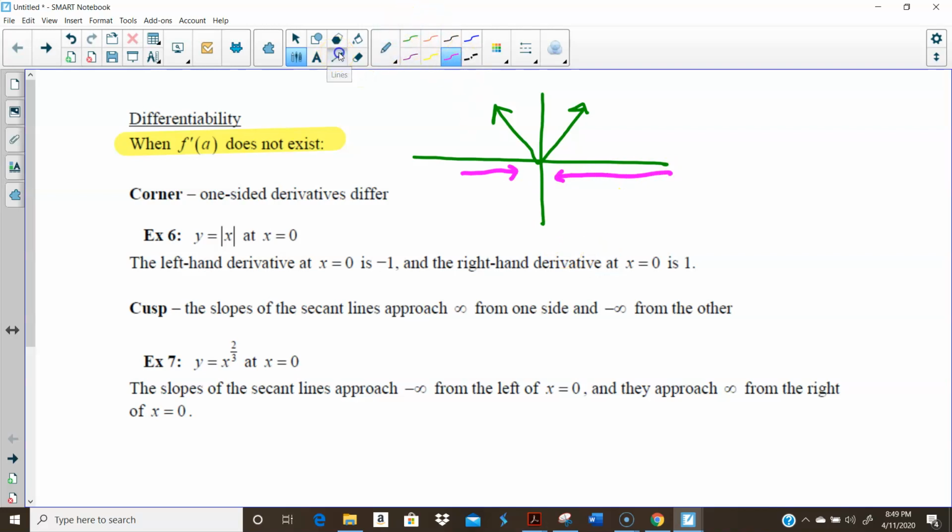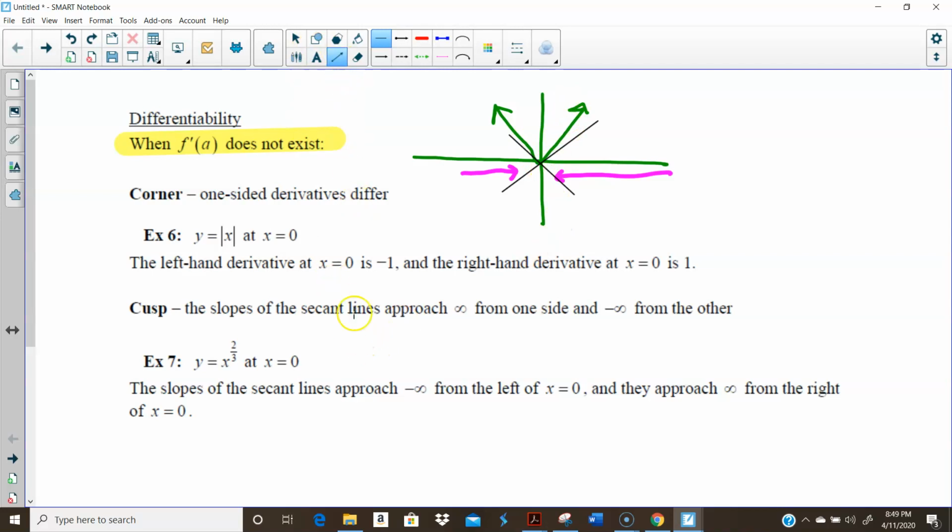The reason this doesn't work is because I could find the slope of this line, and I could find the slope of that line, and you can see that the slopes are different. Because of that, there's not just one solution, so there's no derivative for example 6. So no derivatives at corners of functions.